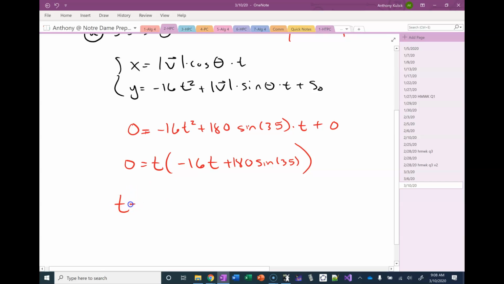And then when I apply the zero product property, I can set each of the factors equal to 0, and then solve.